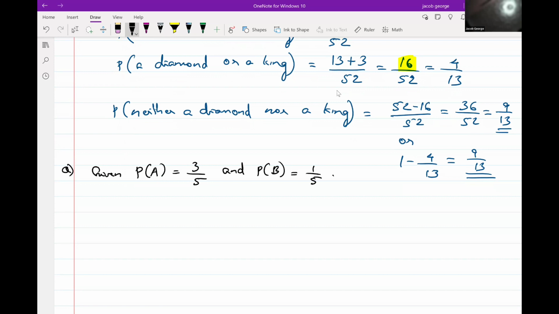Find P of A or B if A and B are mutually exclusive events.